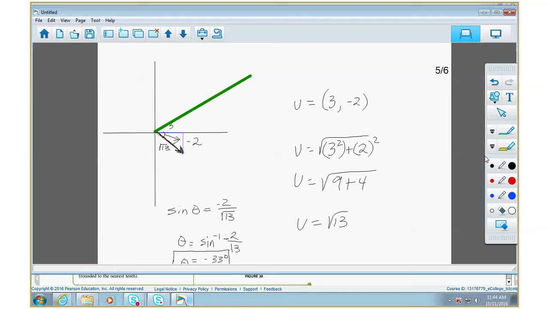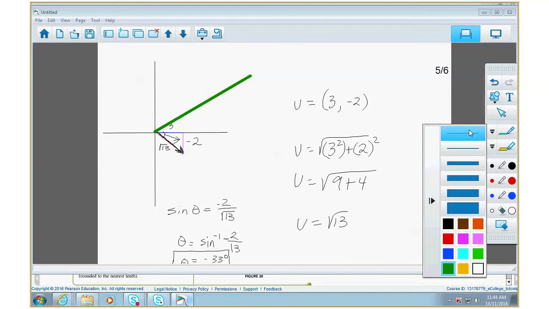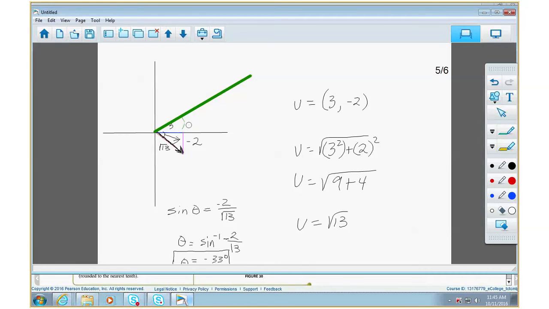And let's say that theta is equal to 40 degrees, and the magnitude of this vector is 36 units.